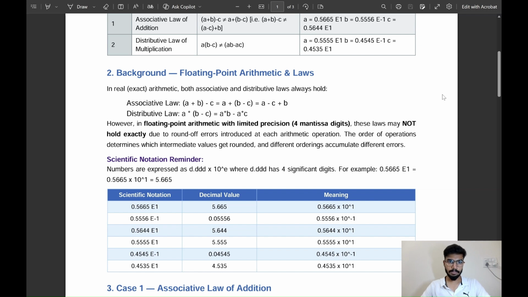However, in floating point arithmetic with limited precision for mantissa digits, these laws may not hold exactly due to round off errors. The order of operations determines which intermediate values get rounded, and different ordering causes different errors.